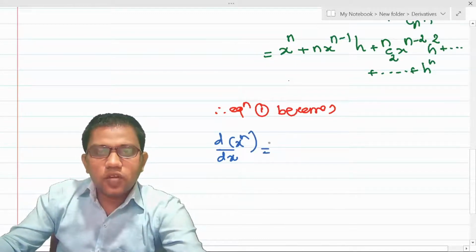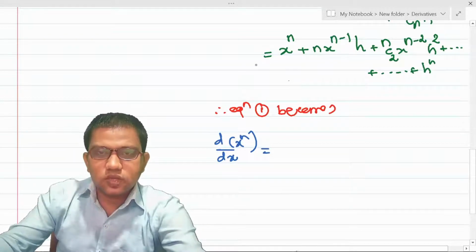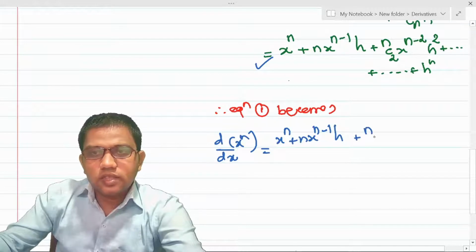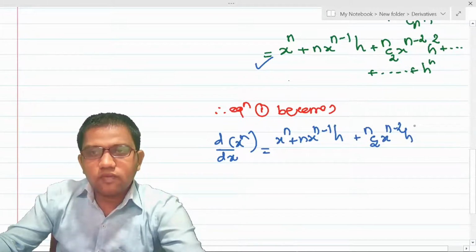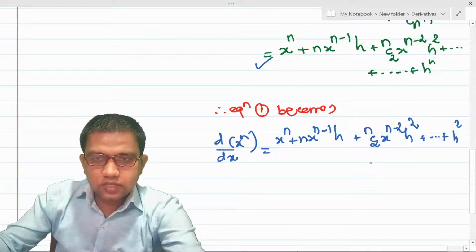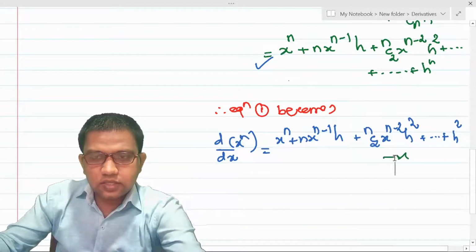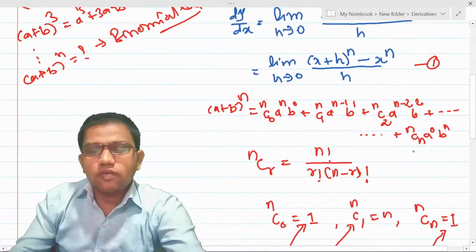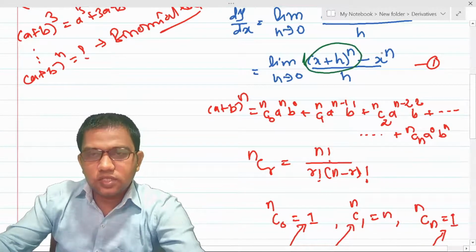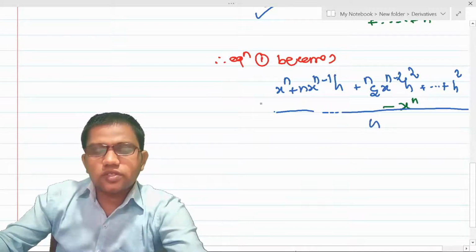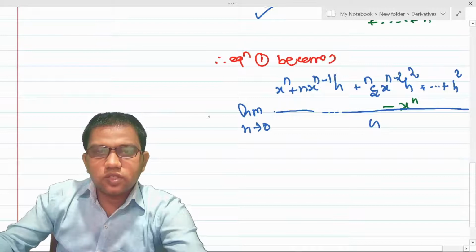This is equal to, put the value of (x plus h) raised to n: x raised to n plus n x raised to n minus 1 into h plus nC2 x raised to n minus 2 into h square plus so on, minus x raised to n as it is, divided by h, as h tends to 0. This is your dy by dx.